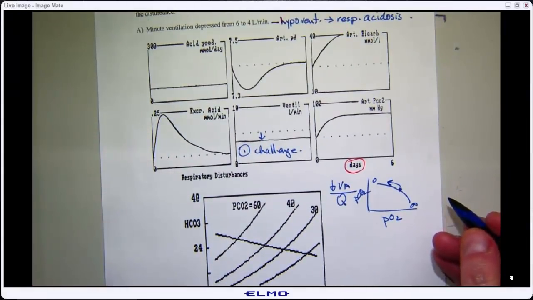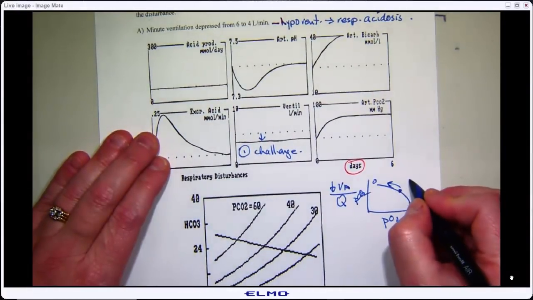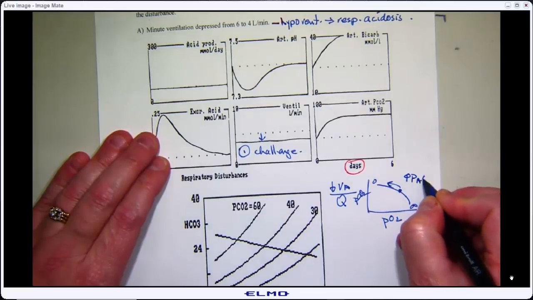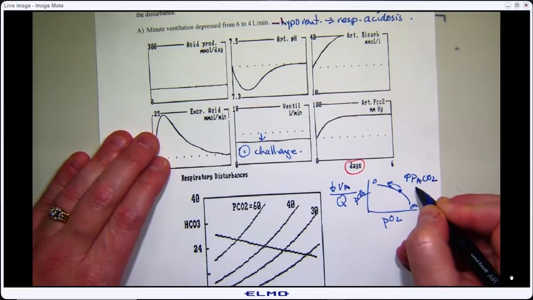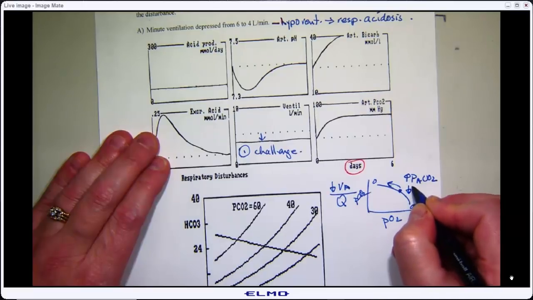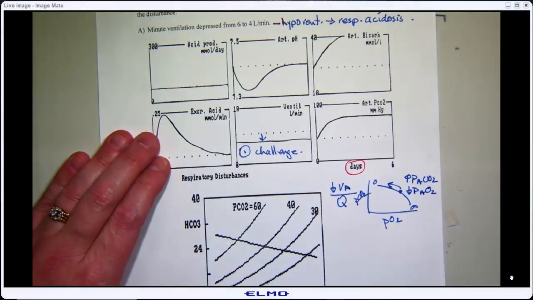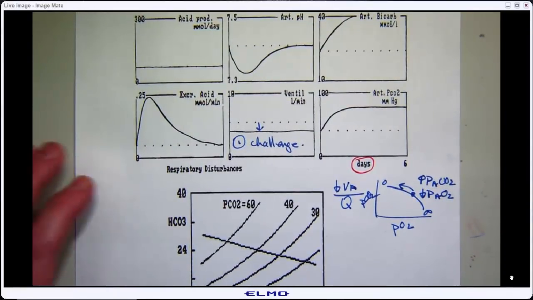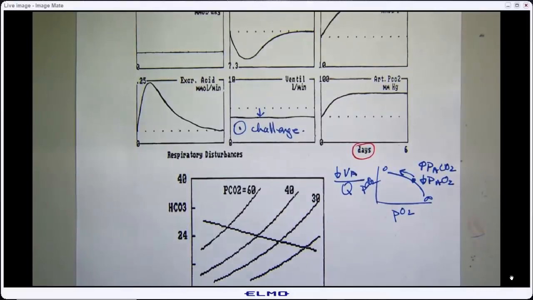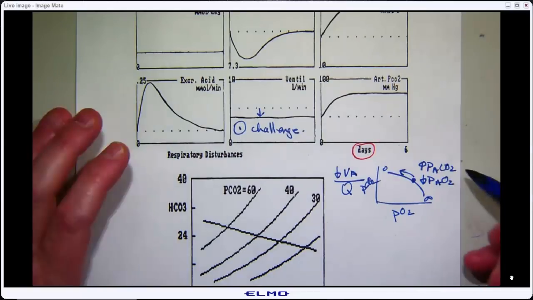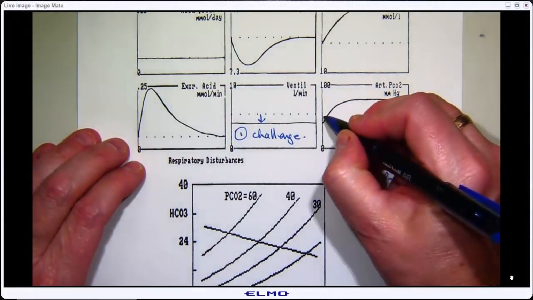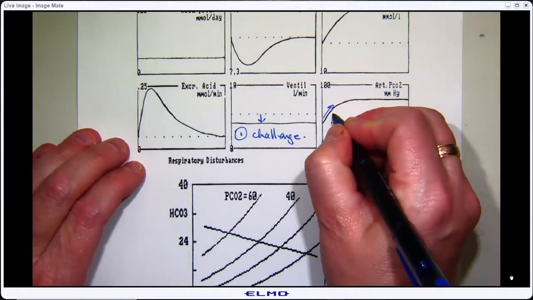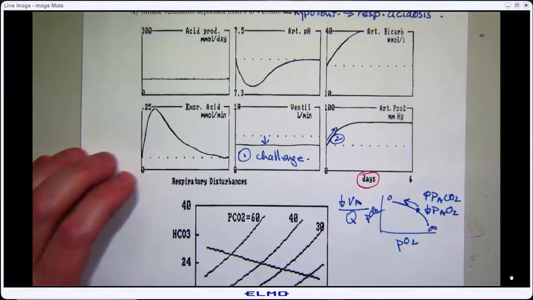Indeed, that should be an increase in PaCO2 and a decrease in PaO2. At the moment we're focusing on the acid-base problem, so we're not going to focus too much on the oxygen right now. So then an increase in CO2, there it is. We got an increase in arterial CO2, so we're on the right track.